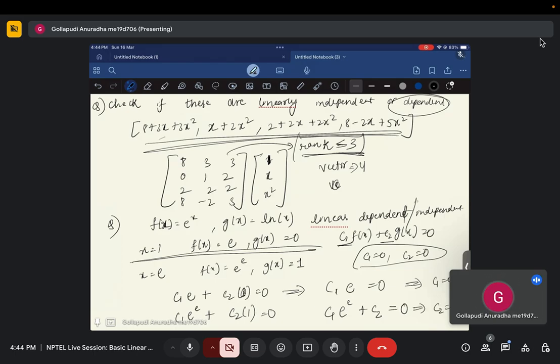So this linear combination becomes 0 if and only if c1 and c2 both are 0. So that is linearly independent.